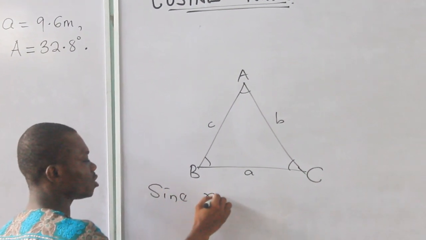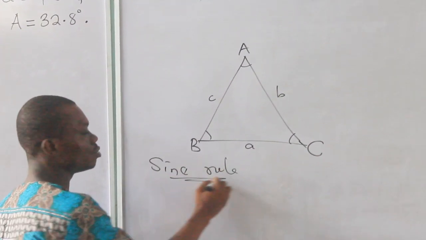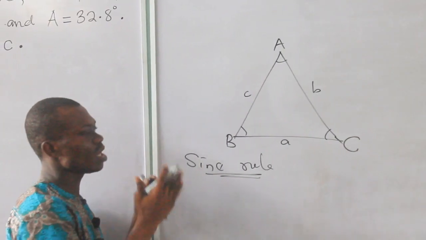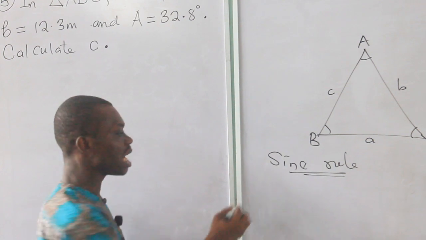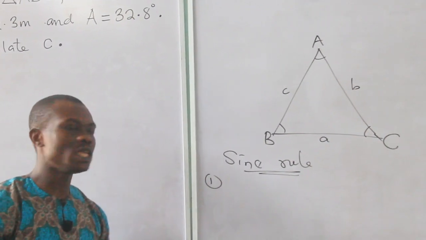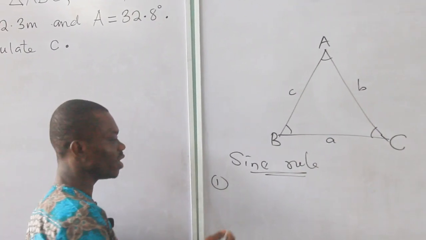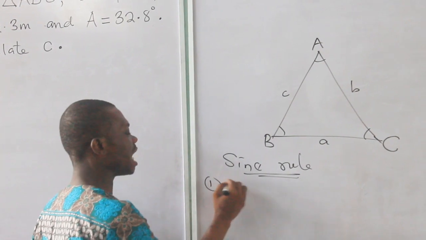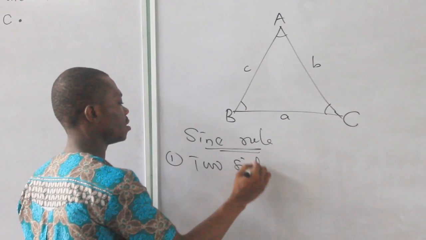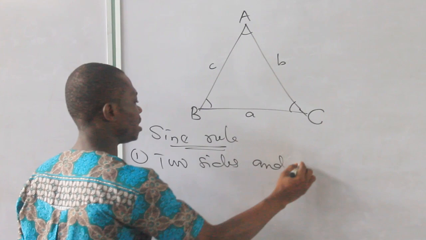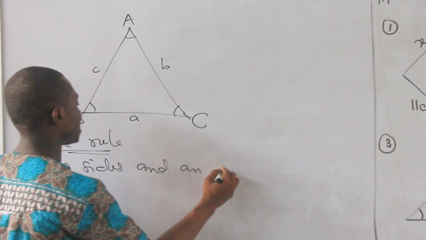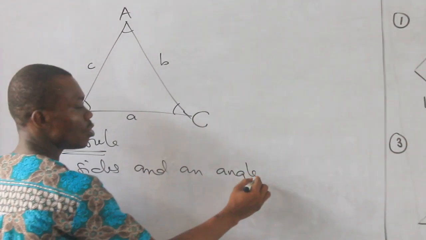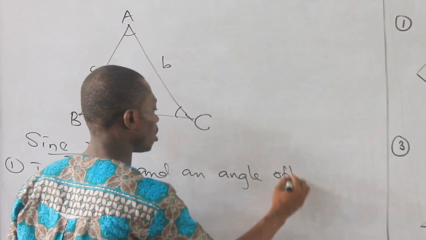Now please take note that the sine rule is used when a particular triangle has some properties. And what is that? About two properties. One is if we have two sides and an angle opposite to one of the sides.